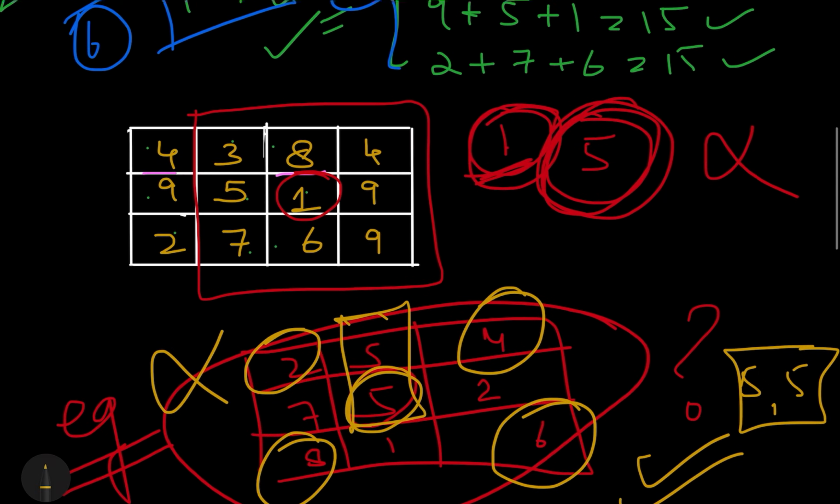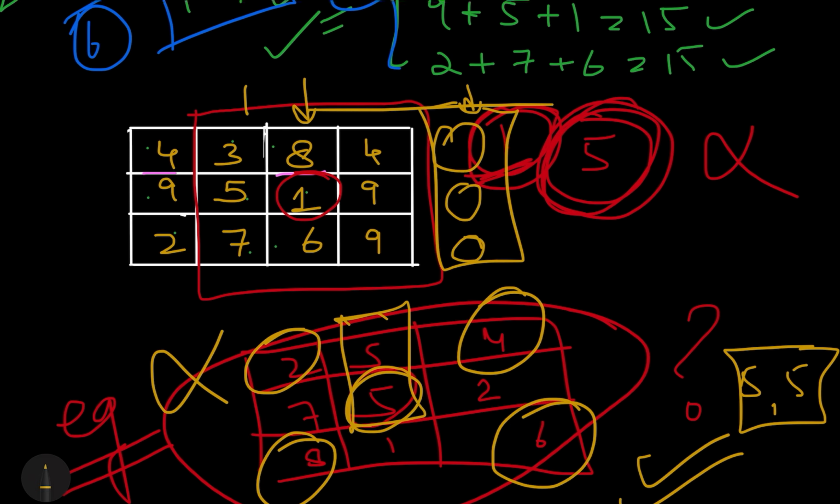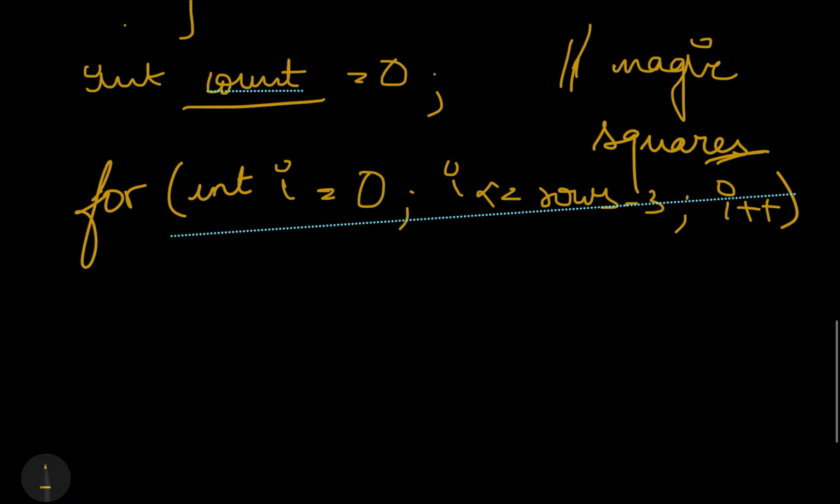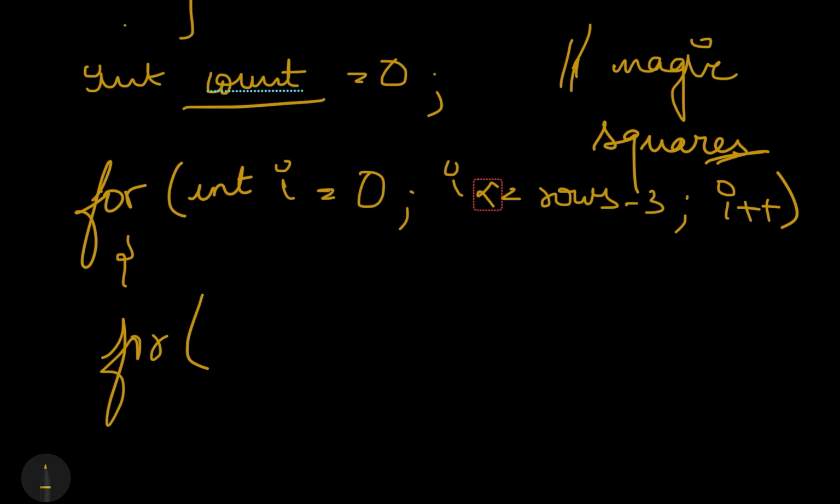Suppose we have a 4 cross 3, if we start here, when we add 3 it will go out of bounds, so we don't have any indexes over here. That's why we are taking it as minus 3. Okay, so it's very understandable.